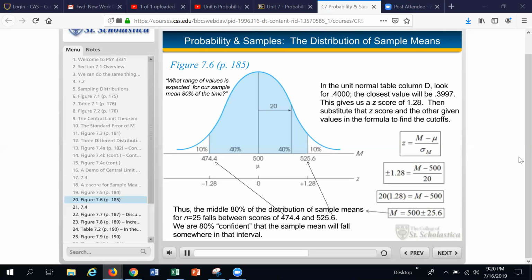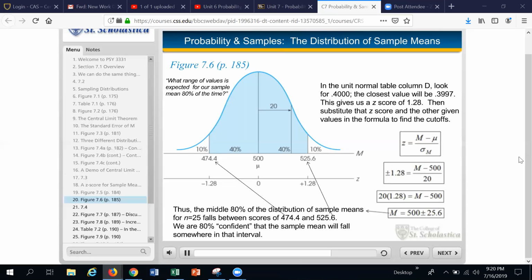The reason is that the unit normal table gives the distance from the mean cutoff, but it can be in either direction, either in a positive direction or negative. So we put it in the formula as plus or minus 1.28. I have skipped some algebraic manipulation steps in the boxed calculations, so you might want to work on these on your own to be sure you understand how I got them. If not, contact me for an explanation.